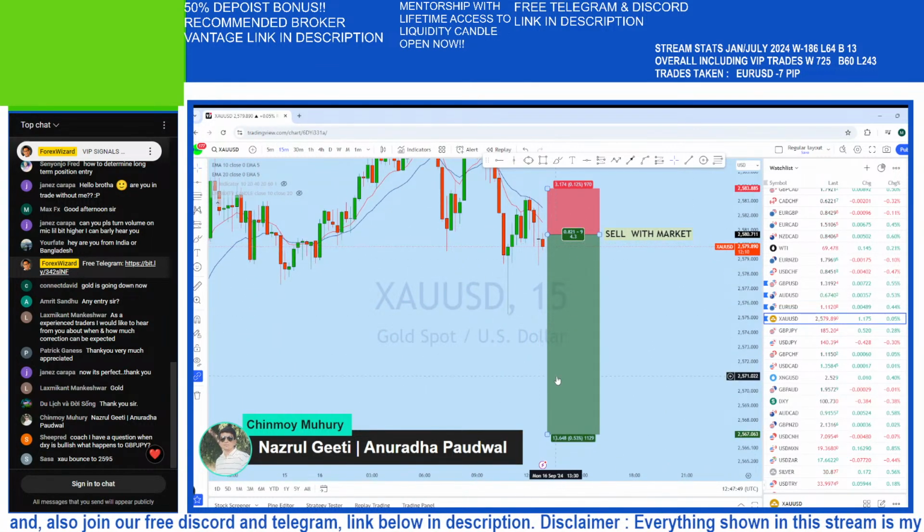If you want to see a trend continuation, we see that there is a liquidity candle formation.